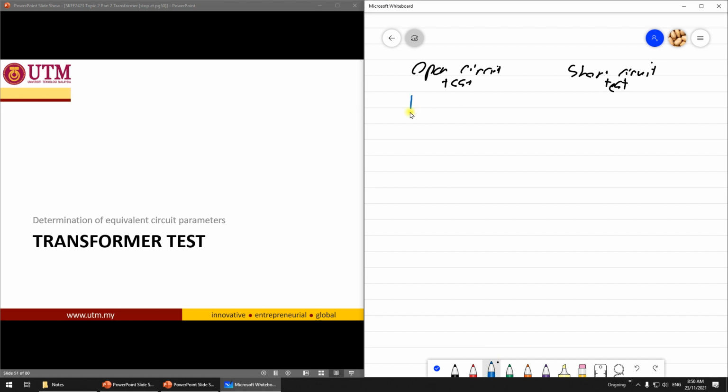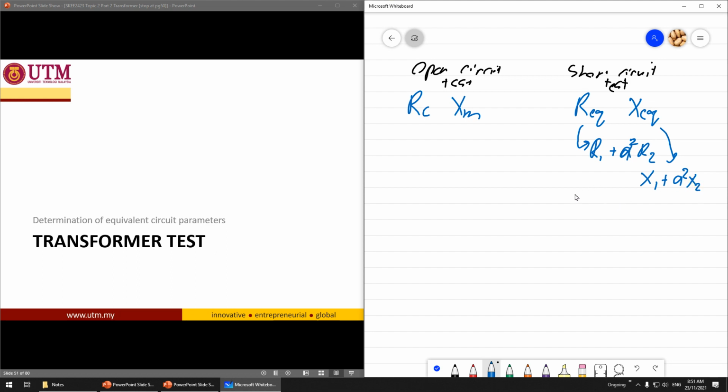For the open circuit test you can determine RC and XM, and for the short circuit test you can determine REQ and XEQ. REQ is basically R1 plus A squared R2, and XEQ is X1 plus A squared X2.